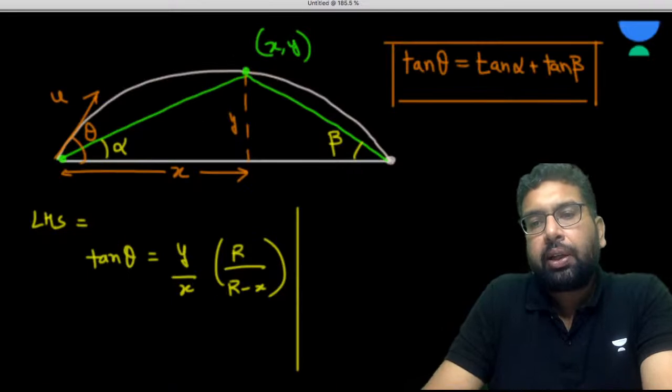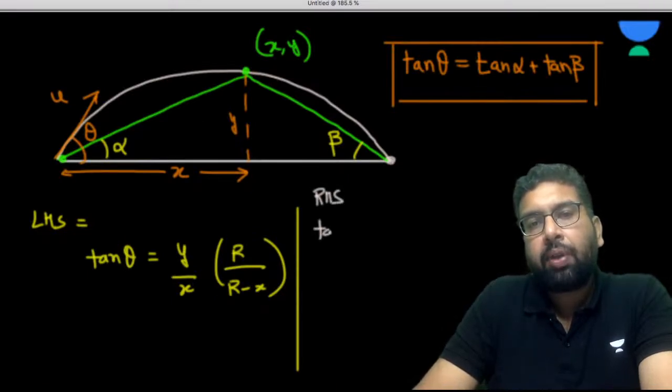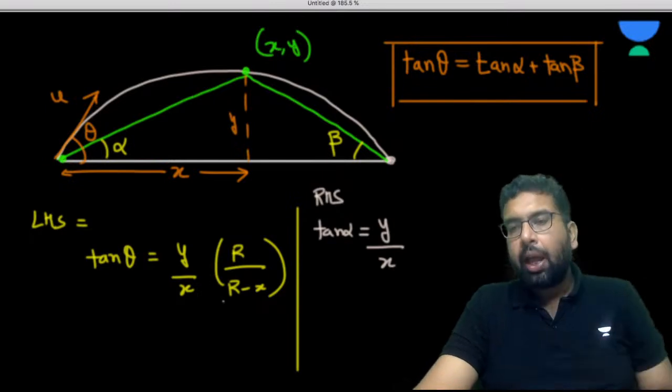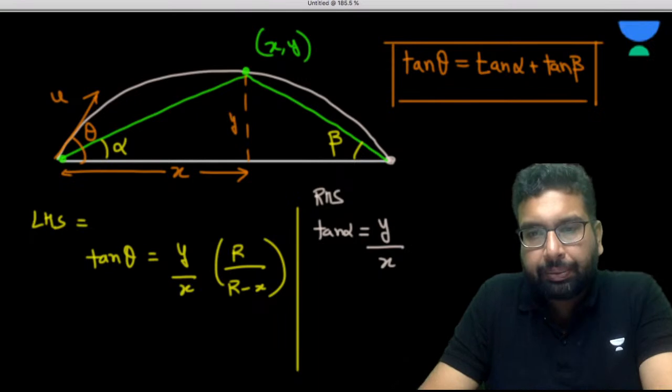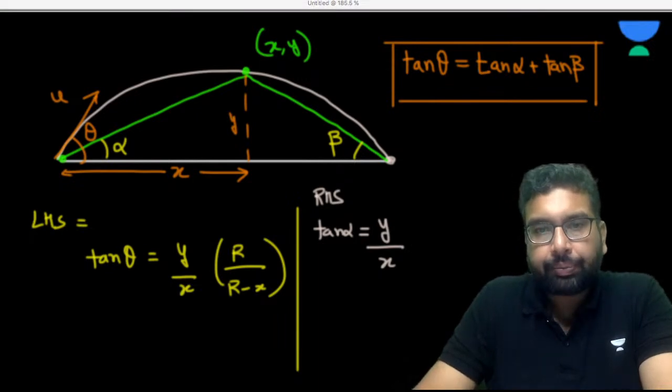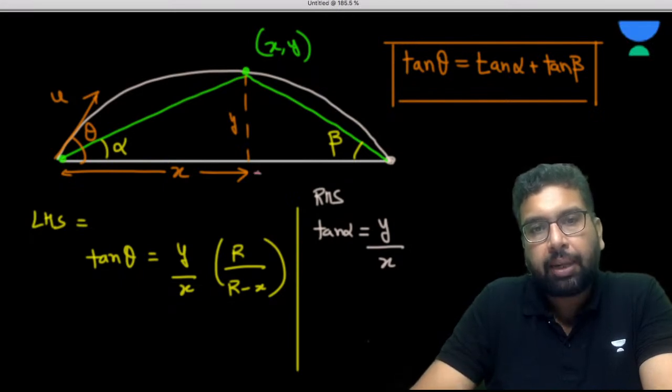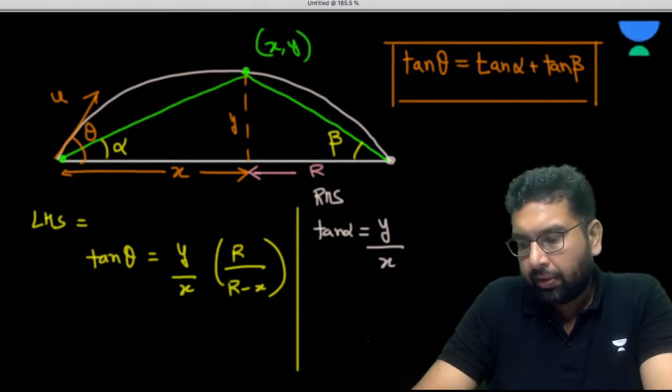Now if you see the right hand side of this relation, what is this? Tan alpha. So tan alpha is y by x. Okay, and what is tan beta? If this is x, this is r minus x, that is the range.